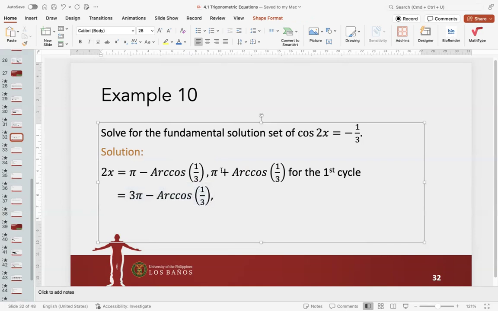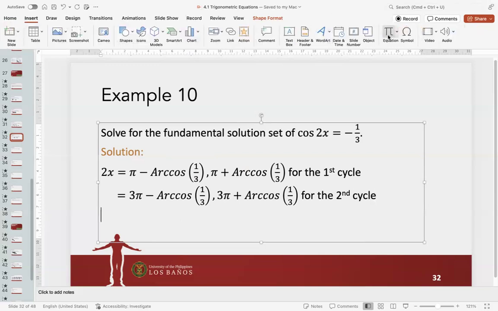And then for this one, if we add 2 pi here, so because pi and 2 pi are like terms, so we just add them. So we will be having 3 pi plus arc cos 1/3. And these two are for the second cycle.